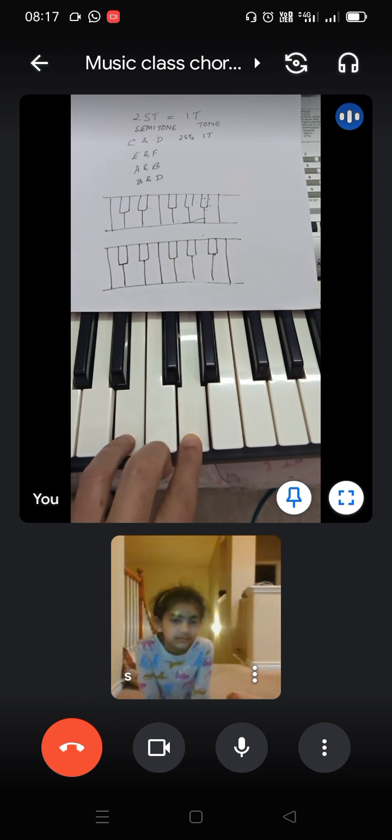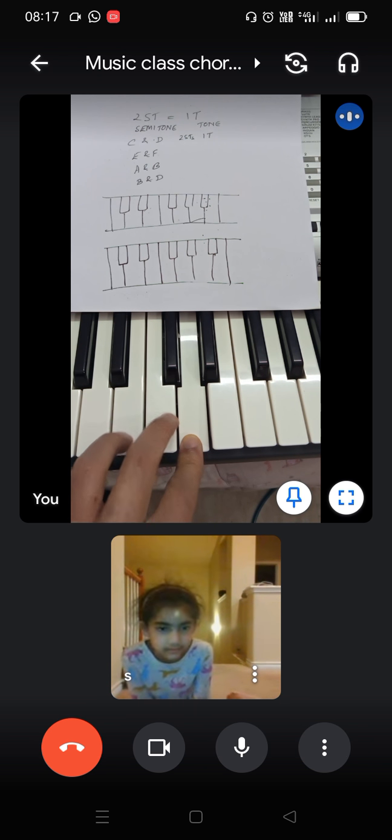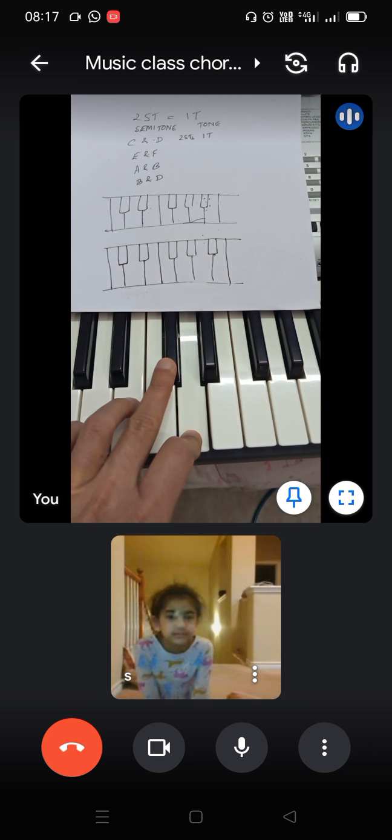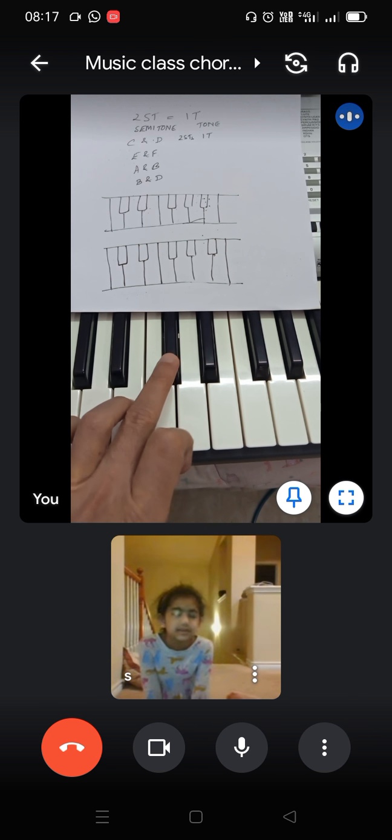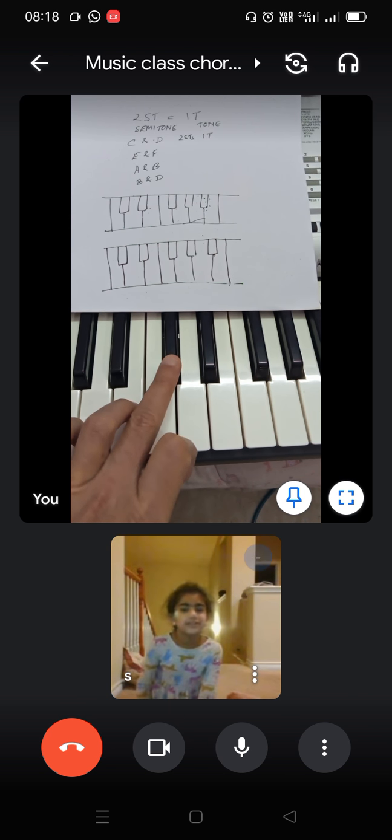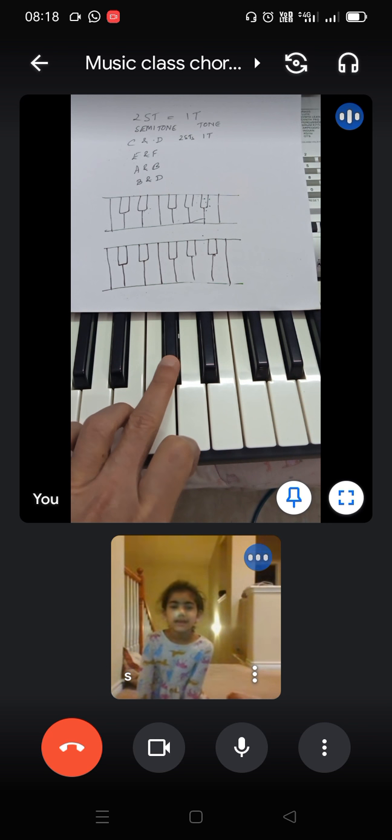Okay. So from B to C is 1. C to the black key, what is this note, Meghna? It's a sharp. Which sharp? C sharp. And then you come to the D note, right?